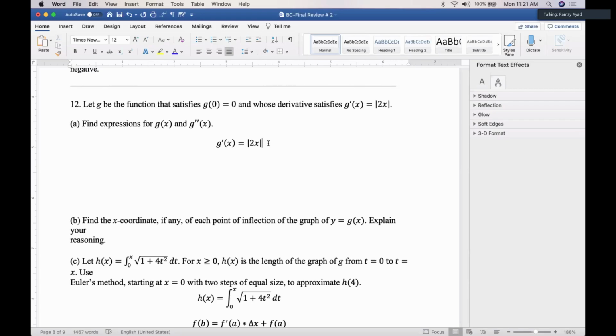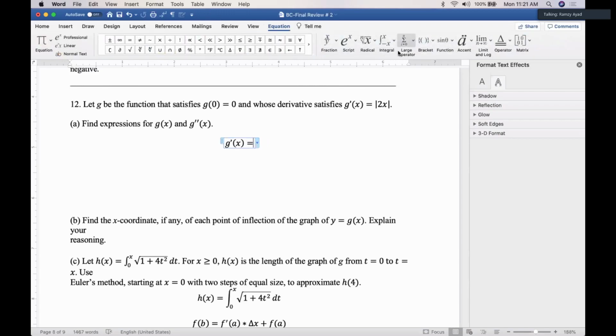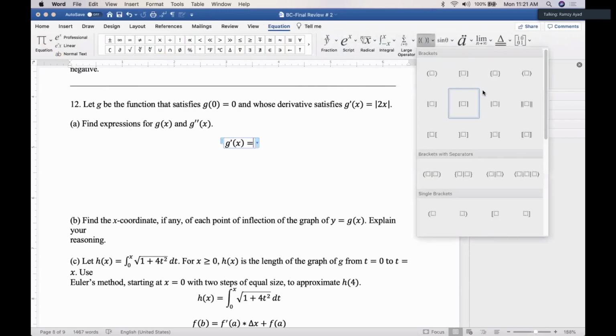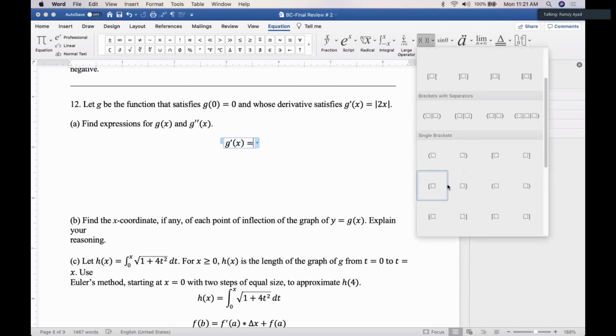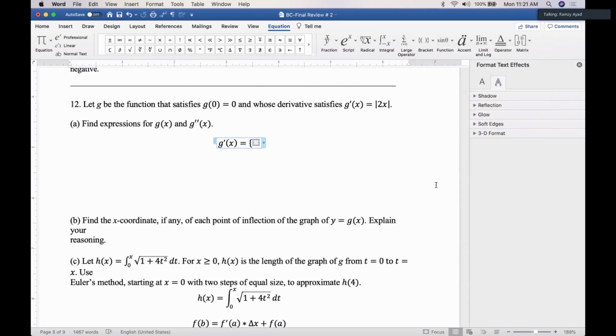Now, what's the absolute value of -3? It's positive 3. That means we take the negative and switch it to positive. Correct? Great. So in order to rewrite this as a piecewise function, we're going to do the following. Here's the sign for piecewise.